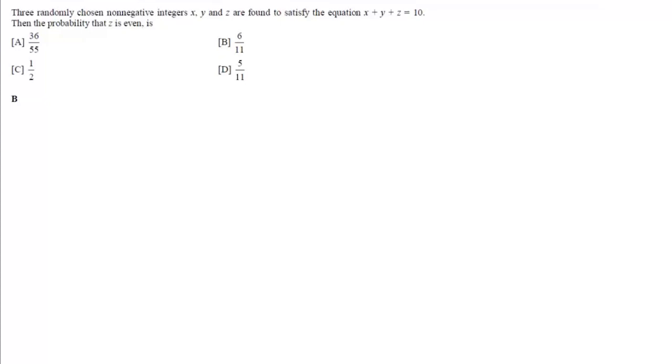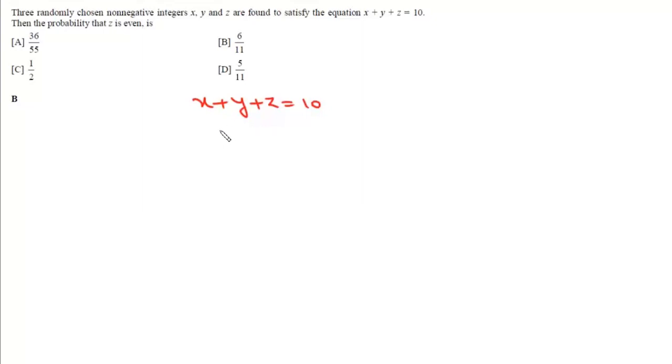Now here the question is, three randomly chosen non-negative integers x, y and z are found to satisfy the equation x plus y plus z equals 10. Then the probability that z is even is. Now first we have to find the number of total ways of choosing x, y and z.